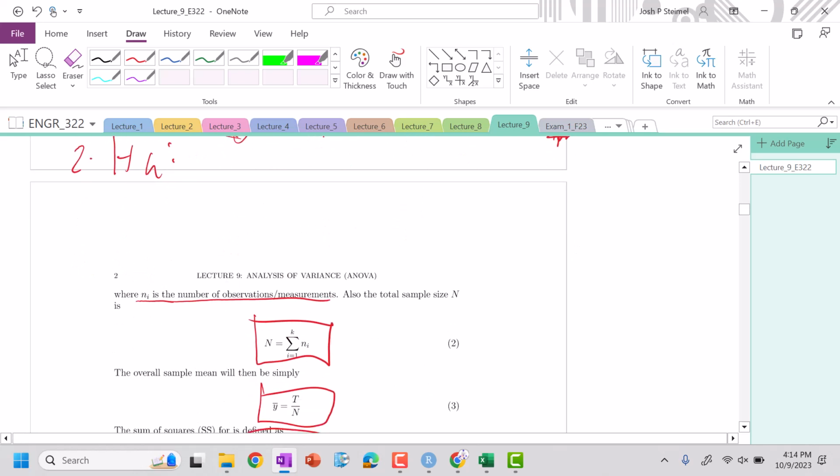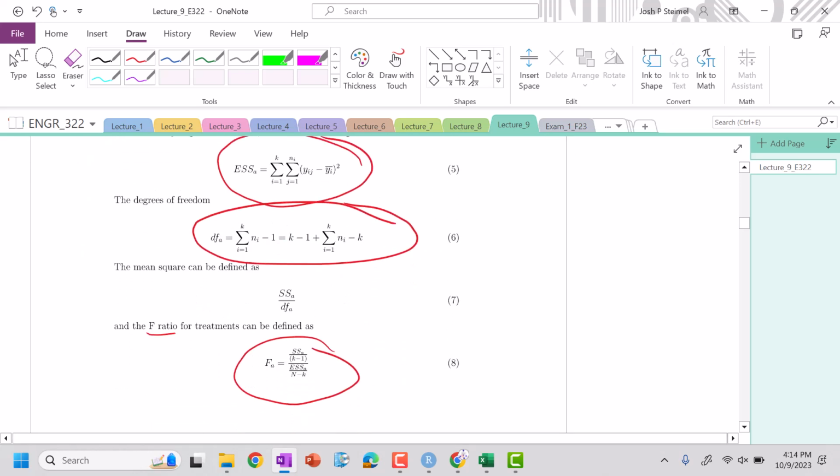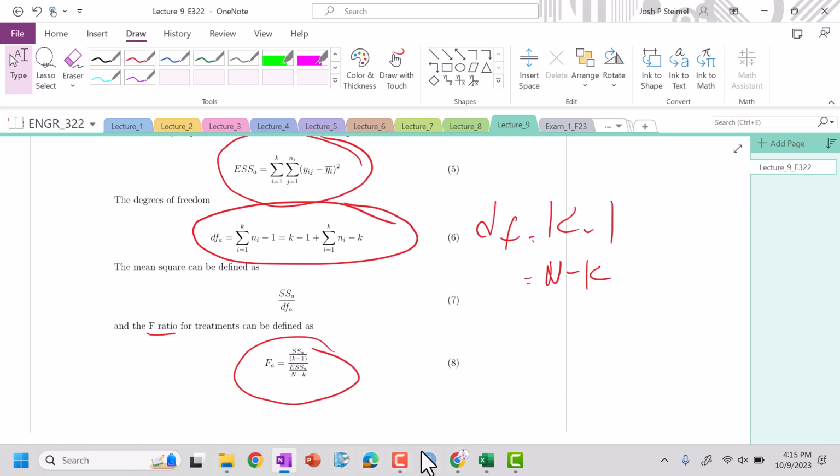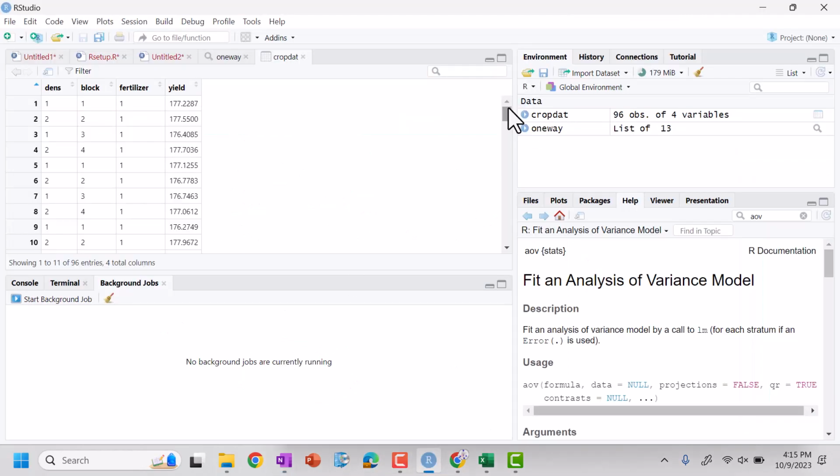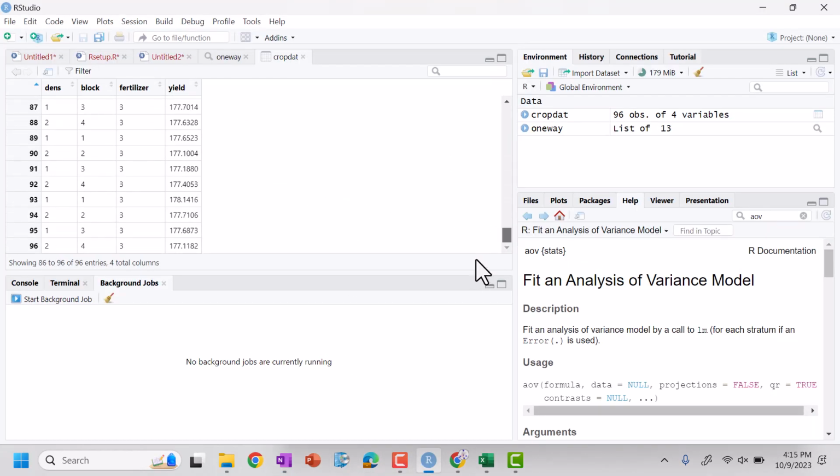When we calculate our degrees of freedom, it is k minus 1, and the residuals are N minus k. In this data set, we see that we have 96.